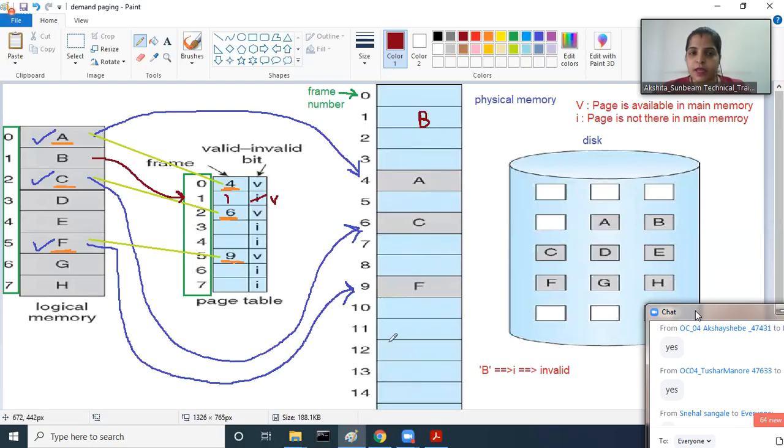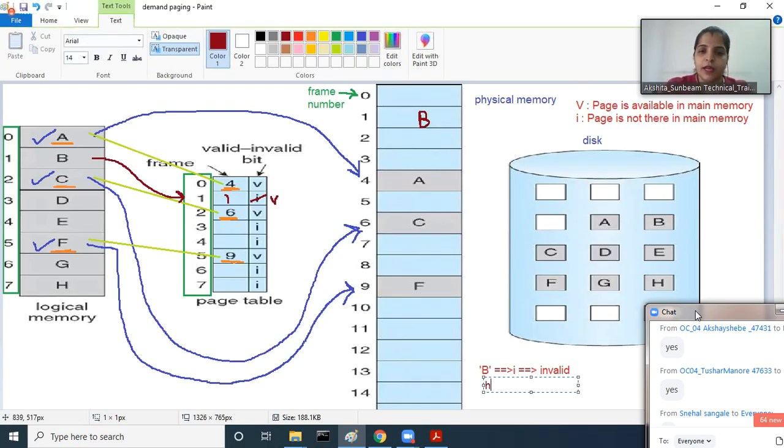While demanding, if a page is not available inside the memory, then it is called a page fault.